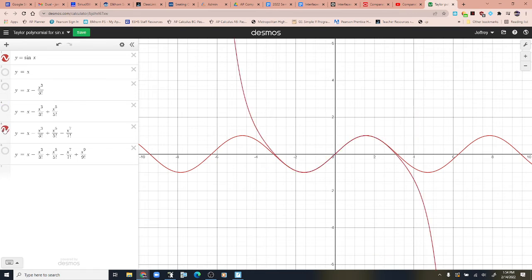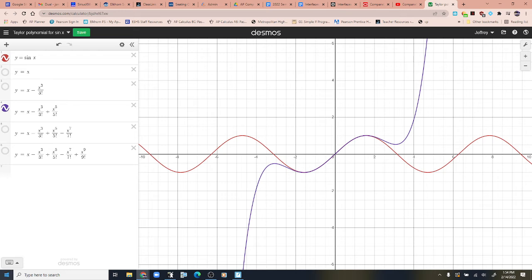Here's to the 7th. But notice that it's getting more accurate down the middle, but it's getting more accurate wider as well. It's perfect down the middle. If you go just slightly off of 0, you're going to be accurate to 7, 10, 12, 15 decimal places. But it's getting better wider as well.